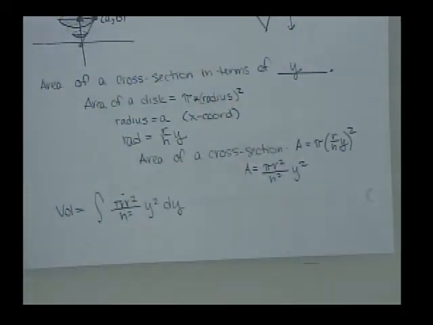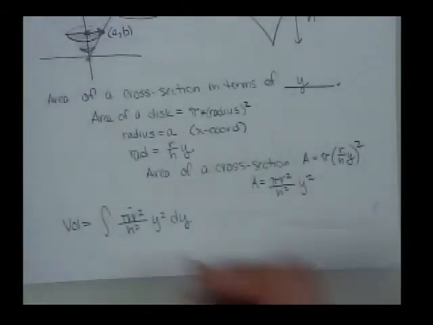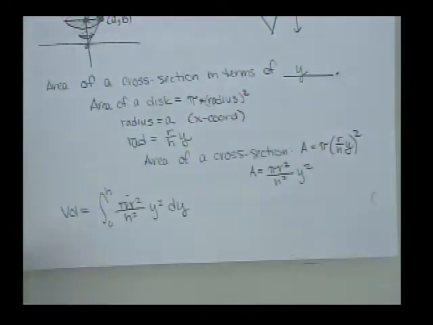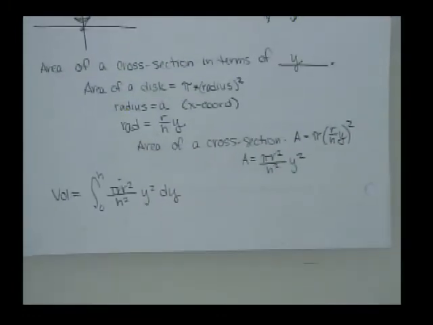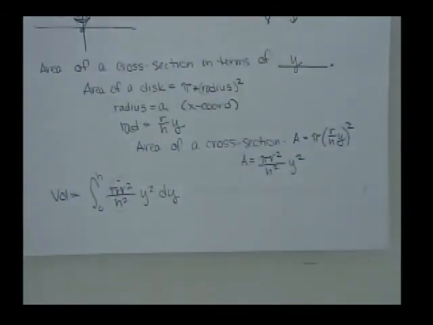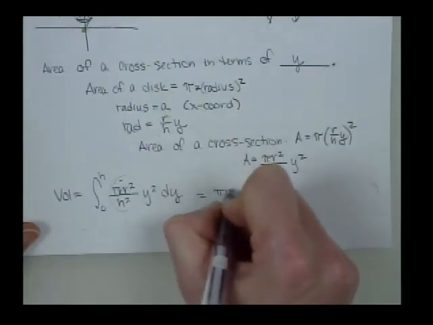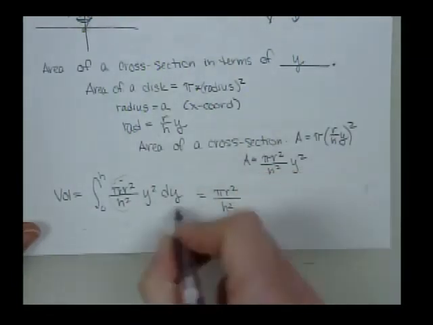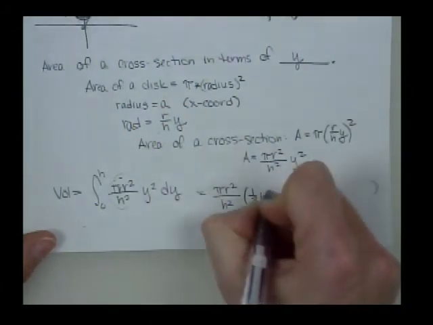have to say what our limits are. So y is going from where to where? 0 to h. Now this r and h, those are constants because we're integrating with respect to y. So we can actually think of pulling that whole thing out in front of the integral. So that would just stay out in front, pi r squared over h squared, and then the antiderivative of y squared is 1/3 y cubed.